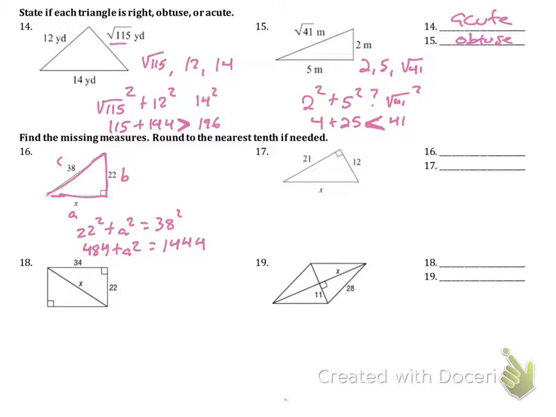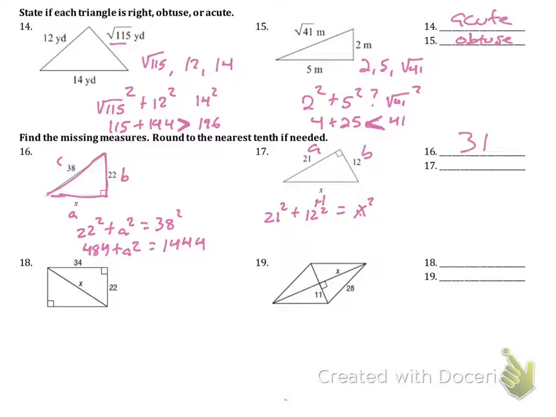I want to get rid of that squared because I just want a, so I would take the square root of 960. And that'd be 30.98, so I'd round that up to 31. Same thing with this. I know this is the hypotenuse, so this is going to be an A, this is going to be a B. So 21 squared plus 12 squared is going to be equal to x squared, or my c squared.